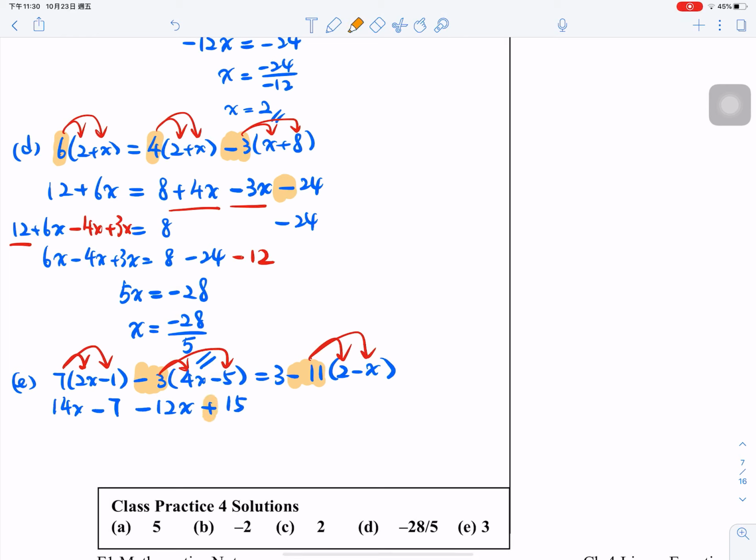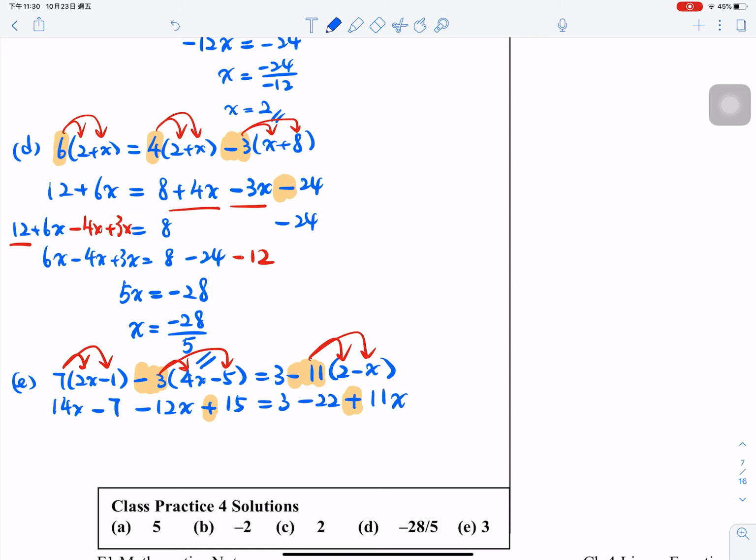Get it correct? 3 minus 22 plus 11x, okay? Plus 11x. Okay? So what's the next step?